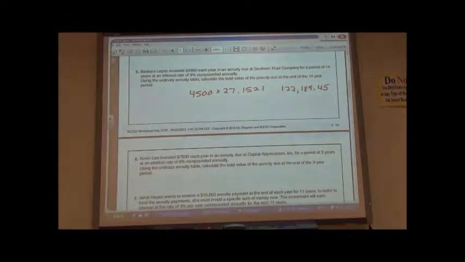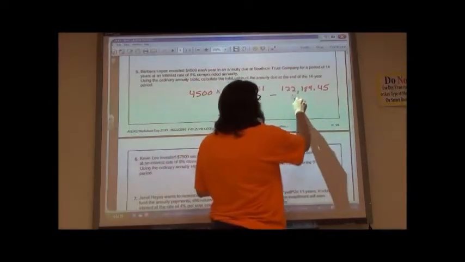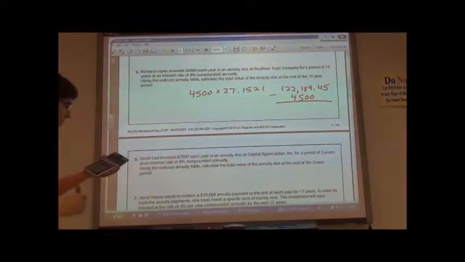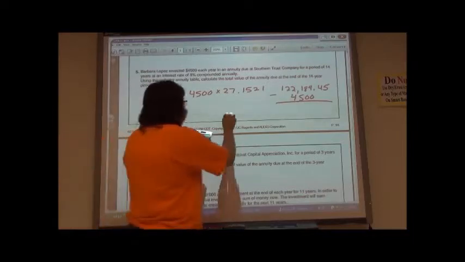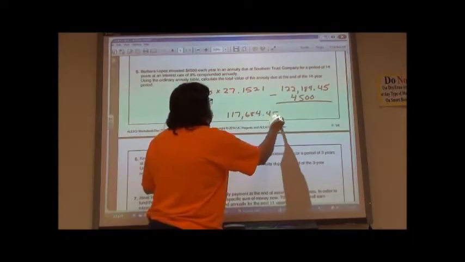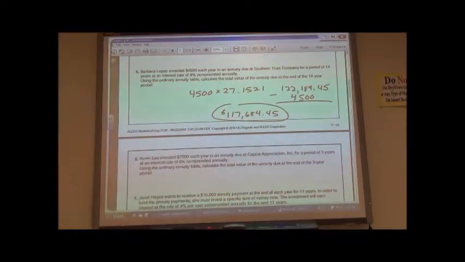However, we don't want that extra payment in there. We just wanted the extra interest, so we're going to subtract off one of our payments. So we're going to subtract off $4,500. And so we have $117,684.45 for the total value of that annuity due.